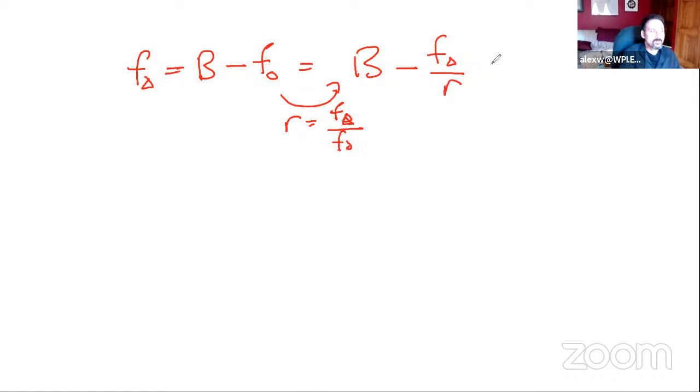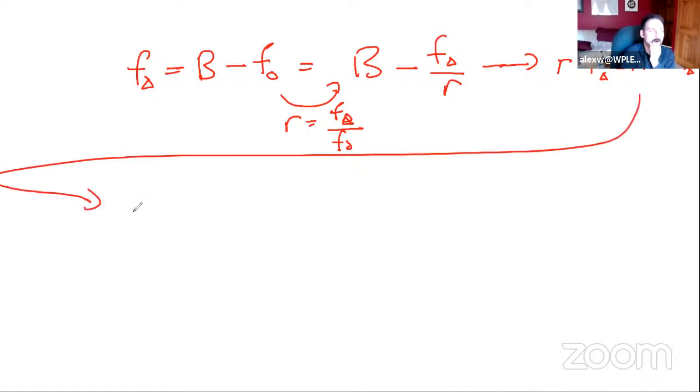And then that in turn, folks, if we do a little bit of manipulation, is R F delta equal to RB minus F delta. Therefore, F delta... so we're playing around here.